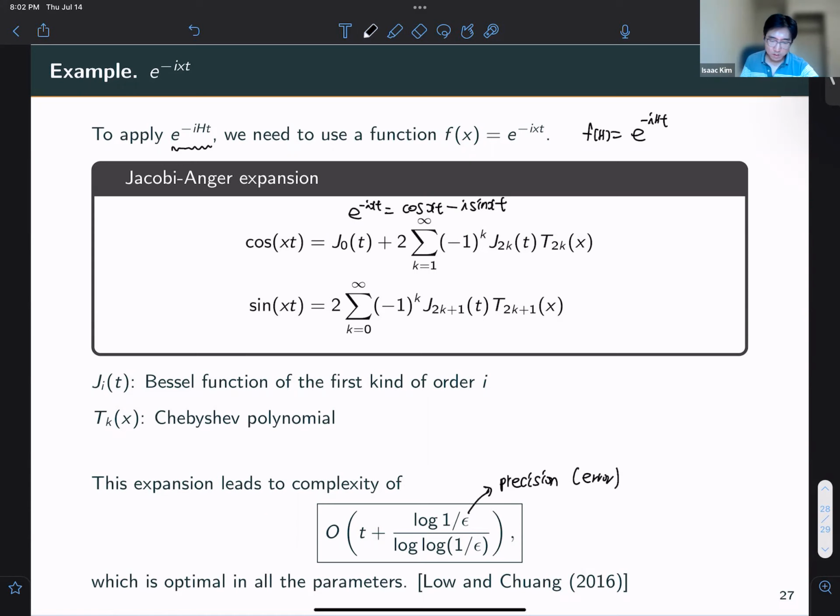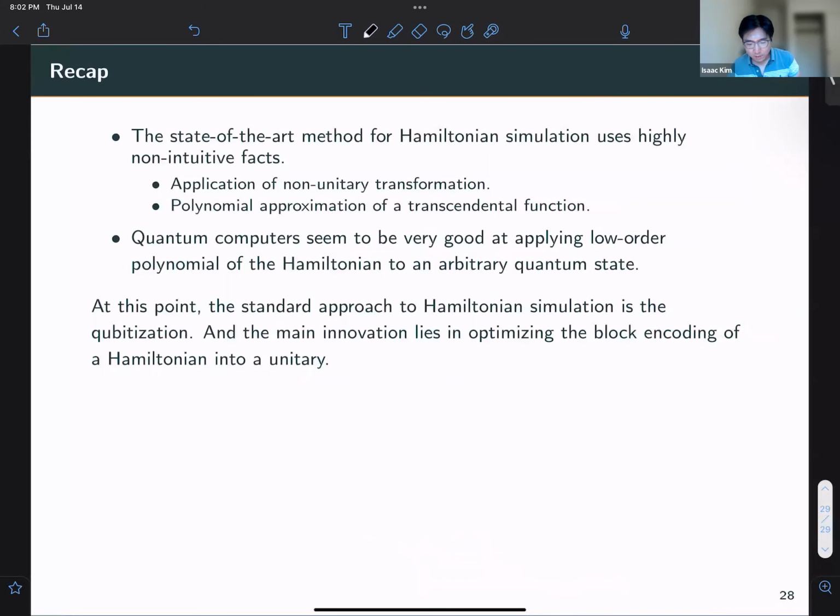Good. So I guess that concludes the final lecture. What I wanted to say was that the state-of-the-art method for Hamiltonian simulation uses a very non-intuitive backstory to physicists, namely applying a non-unitary transformation to an arbitrary quantum state. And I think it's pretty cool that this method actually outperforms the so-called more physical method, such as the Trotter-Suzuki decomposition.